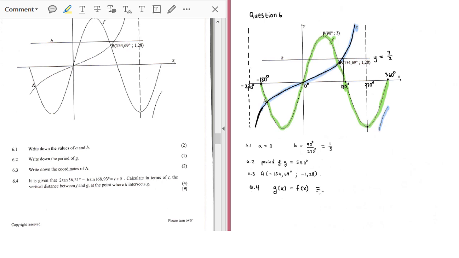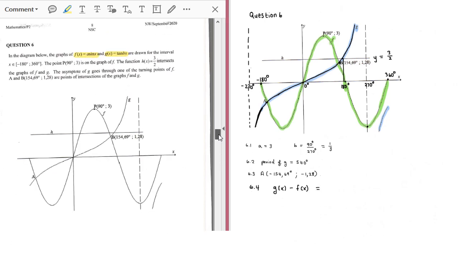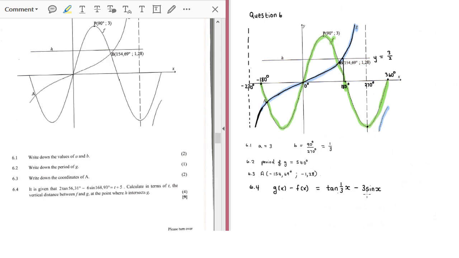So g of x, let's remind ourselves, is the tan graph, so that is going to be tan of 1/3 x. And we're subtracting from this f of x, which is 3 sine of x. So this is just the expression for the vertical distance.